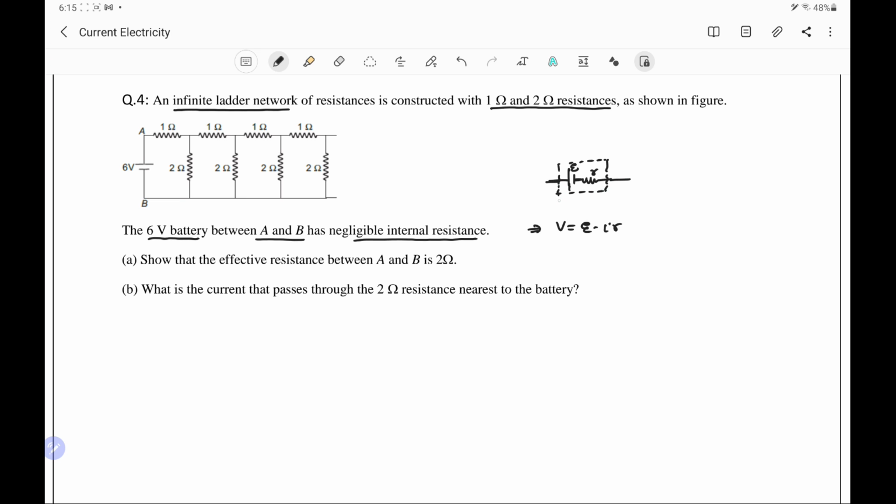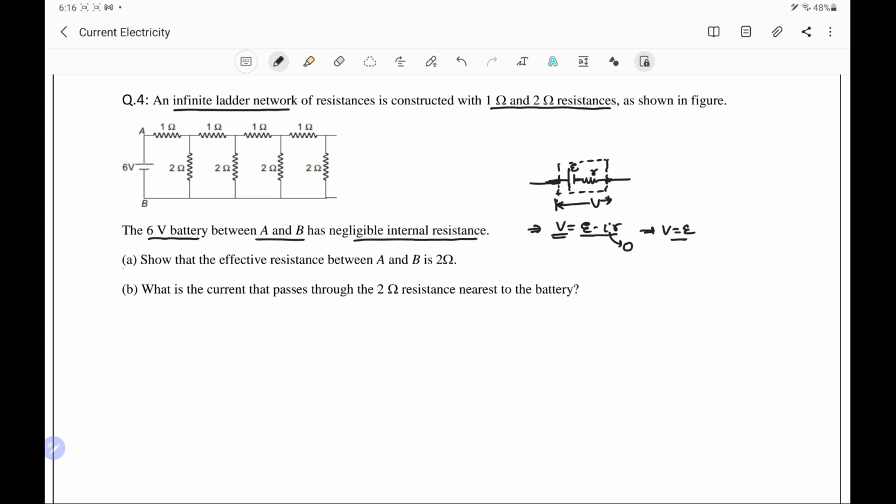Then the potential difference at the output terminal of the battery is V. This V is given by E minus Ir. Because r is given as 0, we can say V equals E. That is, the EMF appears as the potential difference across the terminals of the battery. There is no potential drop inside the battery.